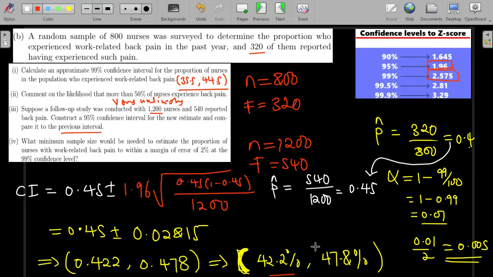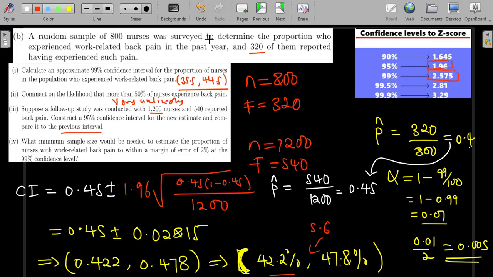We are going to say that the new 95% confidence interval, this one here, is narrow. Because what is the difference between this and this? 47.8 minus 42.2, the difference there is 5.6.